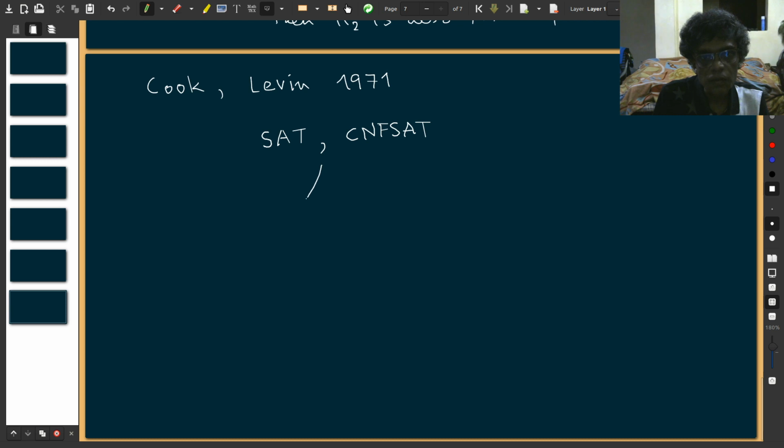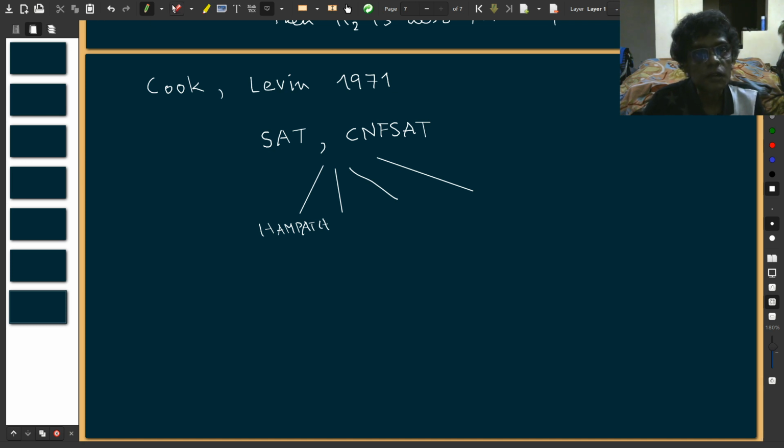From this, we will do something like this. We will prove some other problems as NP-complete, like Ham path or Ham cycle. They are all equivalent. Vertex cover problem.